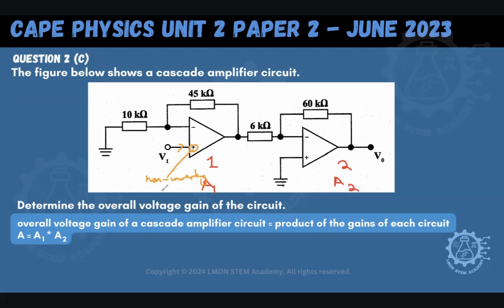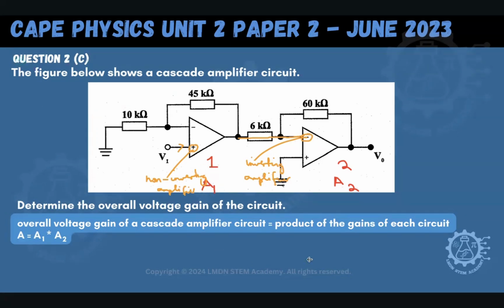And in the second case, the output comes in and flows into that node there, which is a negative node. Because the input is coming into the negative node, that is an inverting amplifier.